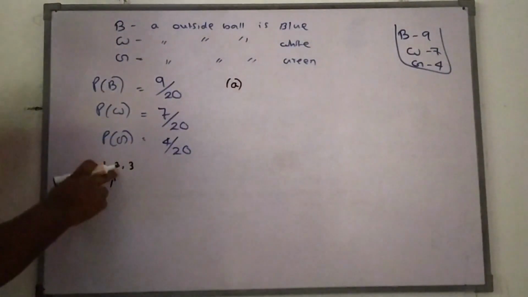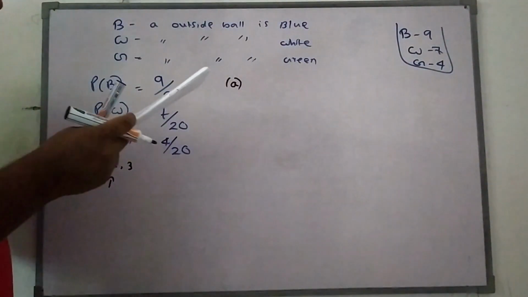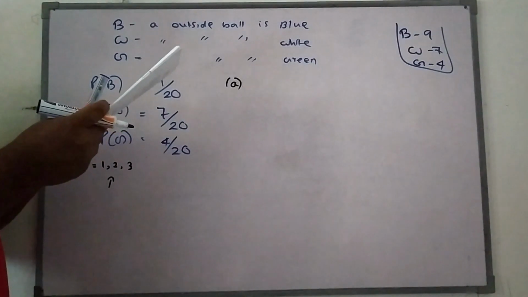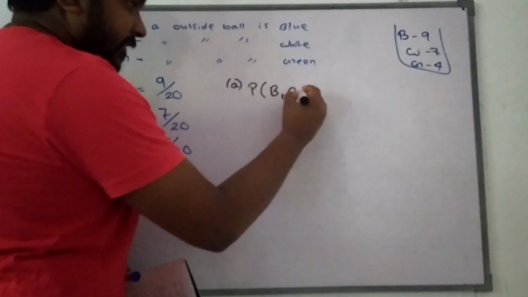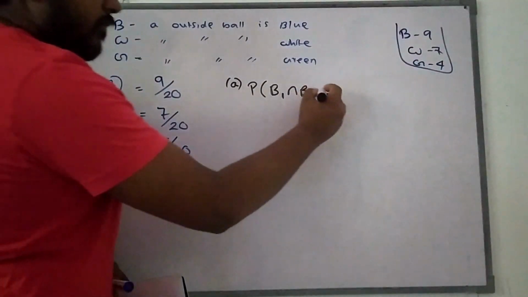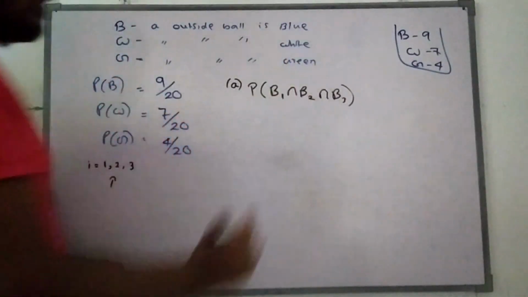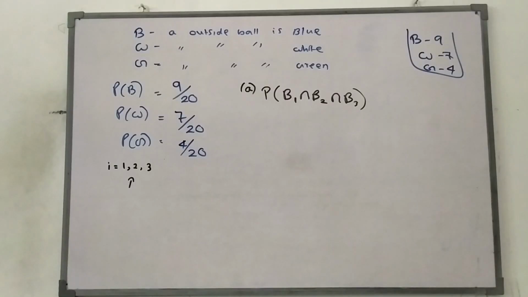All 3 balls will be blue, so that means the first ball is blue, intersection, second ball is blue, intersection, third ball is blue. These three balls are taken randomly, one at a time, so B1, B2 and B3, all blue balls.